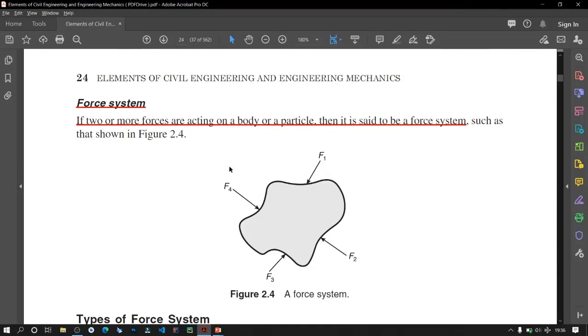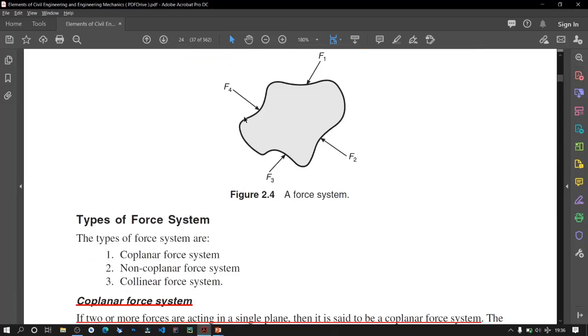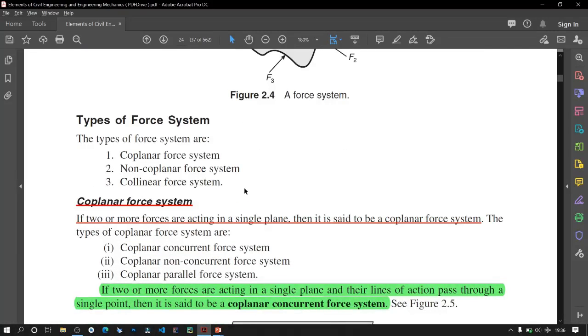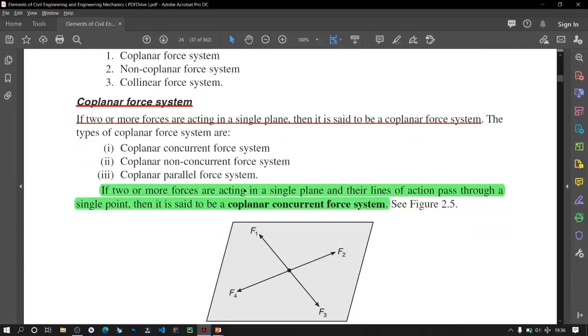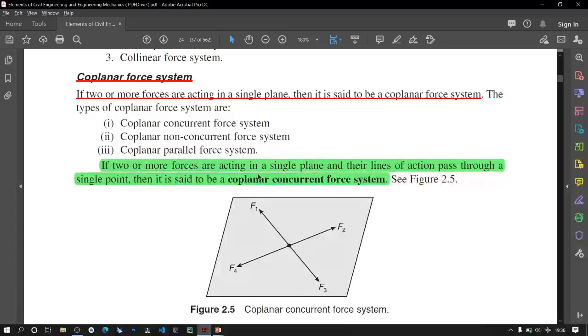Now force system. The definition is not important now. Mainly there are types of force systems. There are 8 types. You just have to remember the coplanar concurrent force system. If two or more forces are acting in a single plane, coplanar means single plane, and concurrent means all the lines of action are passing through one point.